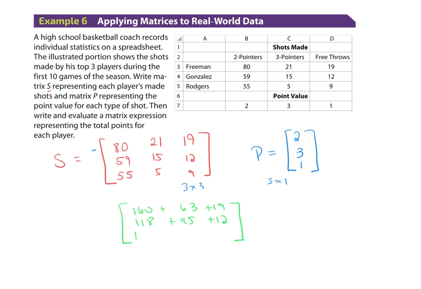And then 55 times 2, 5 times 3, and 9 times 1. And I can figure out how much each player actually scored in the games. Obviously not one game. That is one monster of a basketball game.